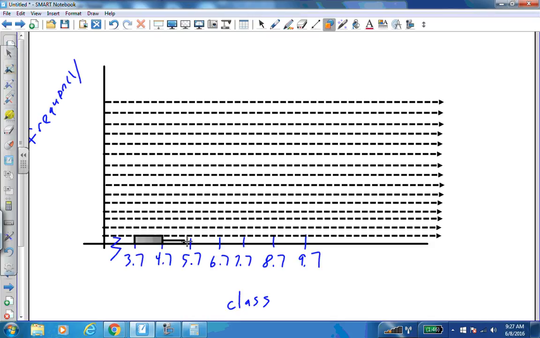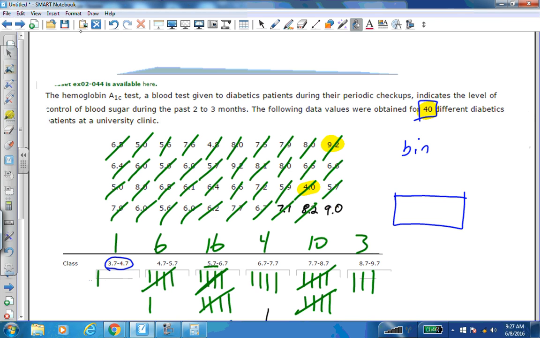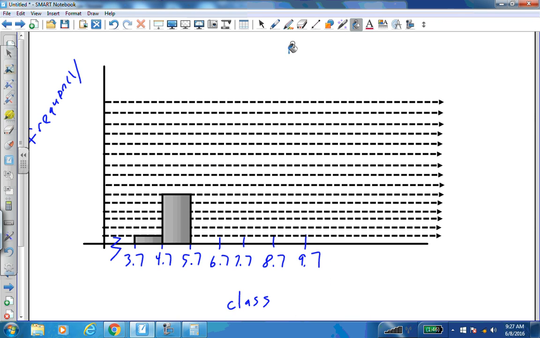So we'll construct a bar that goes up 1, 2, 3, 4, 5, 6. And then 16. So our next class goes up 1, 2, 3, 4, 5, 6, 7, 8, 9, 10, 11, 12, 13, 14, 15, 16.